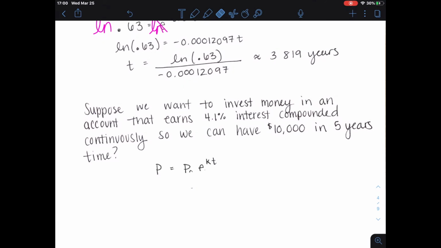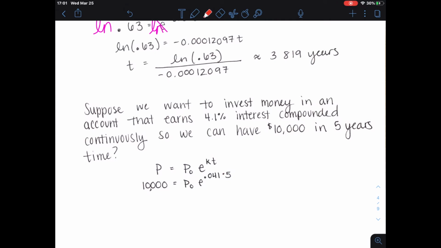So I know that the amount in my account is equal to my initial amount times e to the rt. I want $10,000 in my account, and my goal is to figure out how much I need to invest so that in 5 years' time, I'm going to have $10,000.